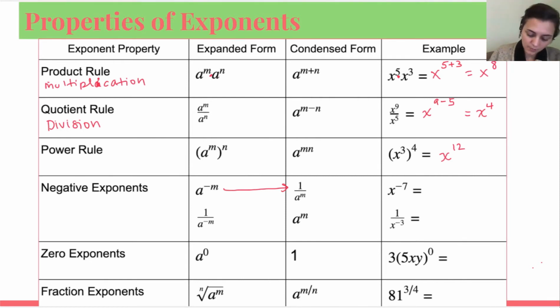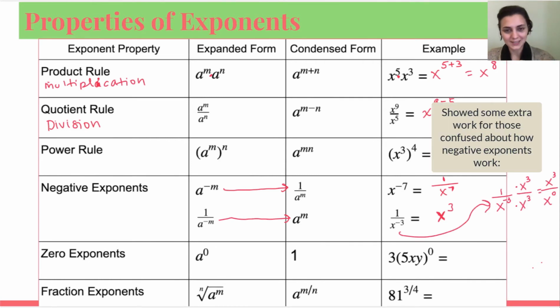And then in the bottom case, we made the exponent positive by moving the term from the denominator to the numerator. So this kind of helps if you just want to have all positive exponents. So in the examples, I see that I have negative exponents. If I wanted to make them positive, in the top one, I would move the term down and make it positive. And then in the bottom case, I would move it up and make the exponent positive.